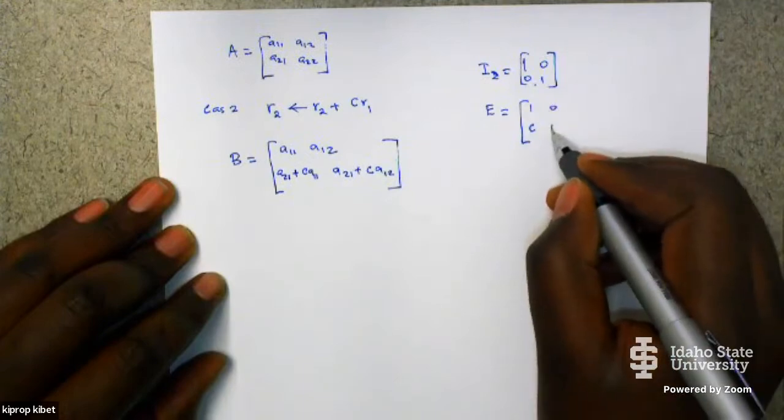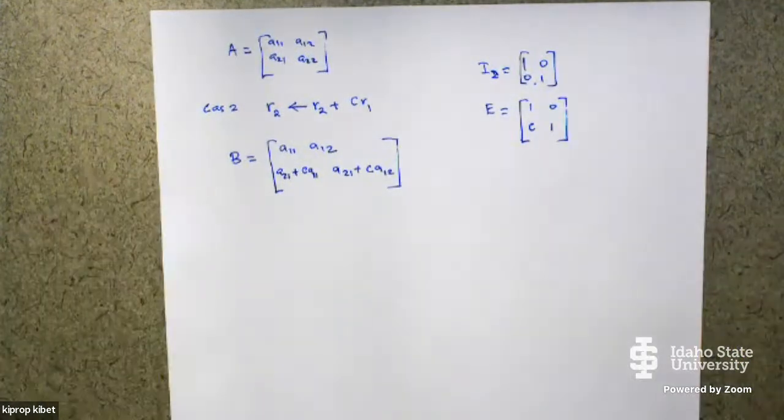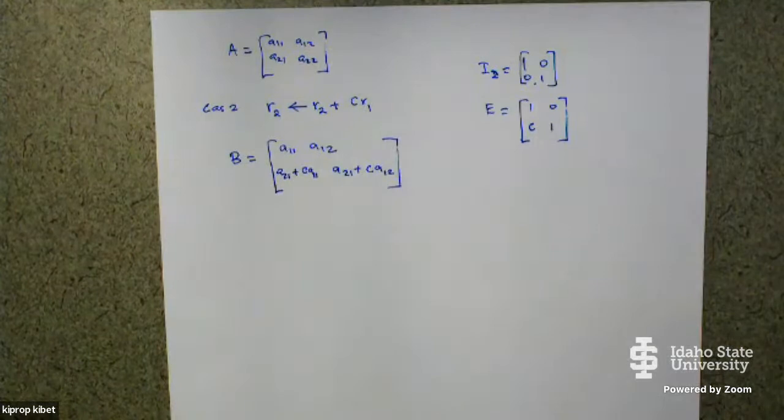And then this other one is 1. Since it is R2, the new R2 is R2 plus CR1. So R2 here is 0, so it will be C. And then the last one here is R2, 1, then C multiplied by 0.